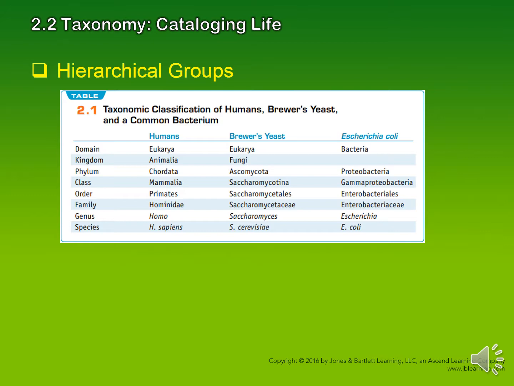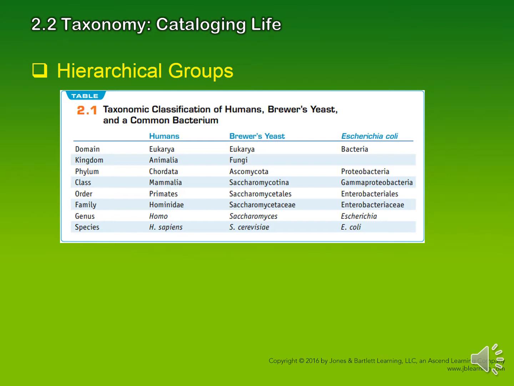If you're thinking about a human, you would have something that's a eukaryote, that's an animal, that's a chordate, which means it has a backbone. Humans are mammals. Humans are also primates. They're hominids, and Homo sapiens is the genus and the species.